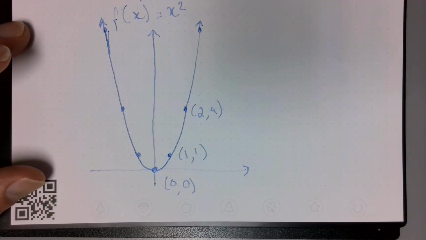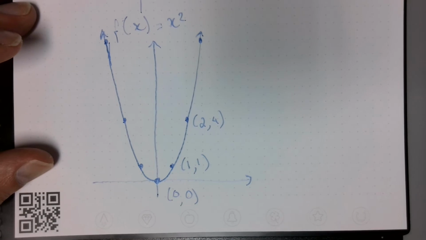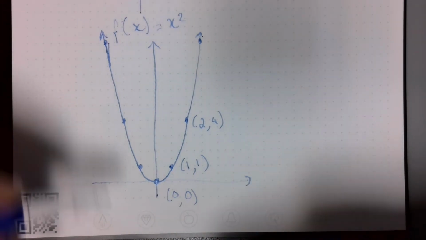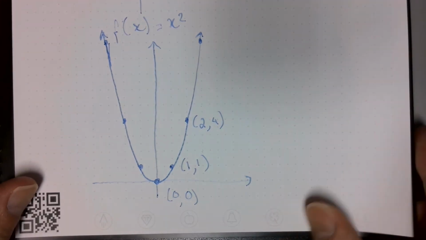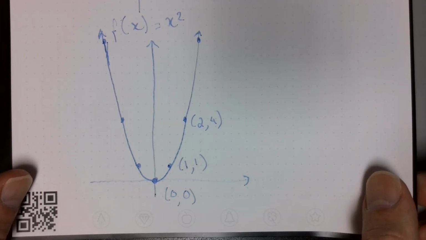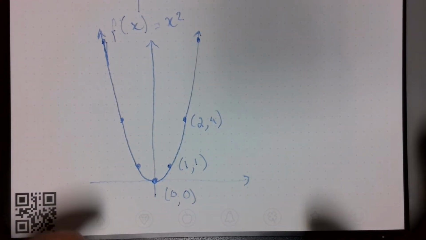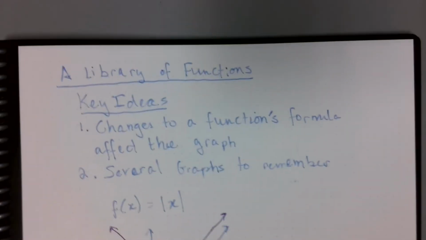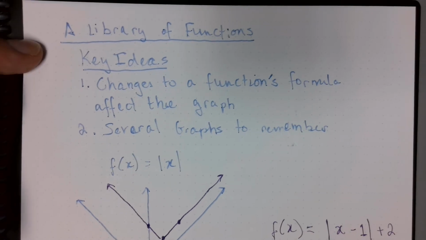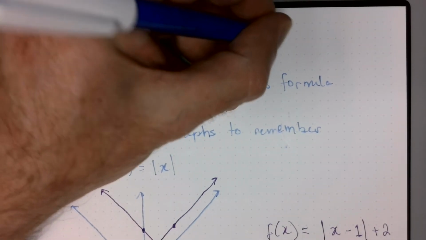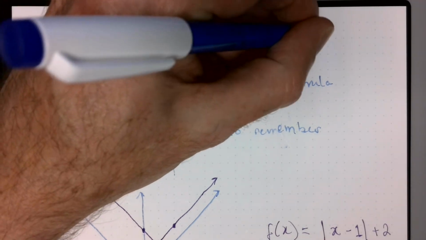Okay, so for this library of functions to be effective, you need to remember not only the basic shape, but the anchor points. Okay, there's a couple more that I want to show you for right now, and we will expand this library of functions later on in the course. And I guess really you might say it's not a library of functions, it's a library of graphs.